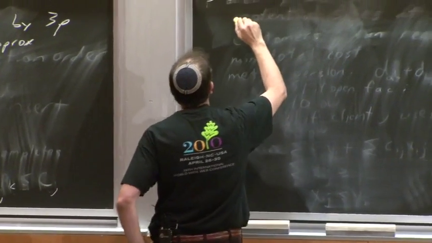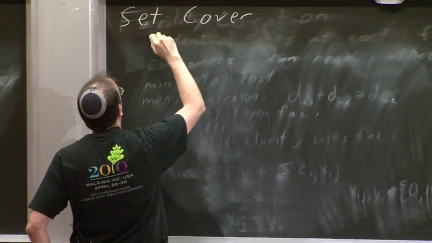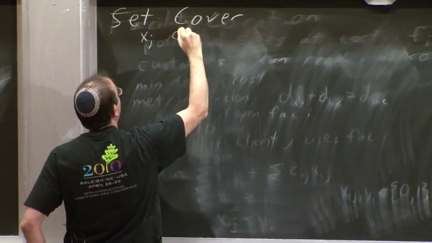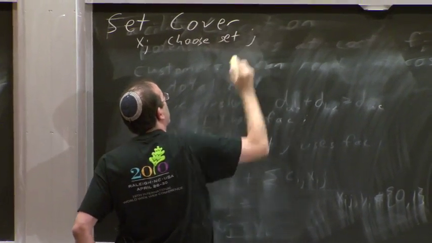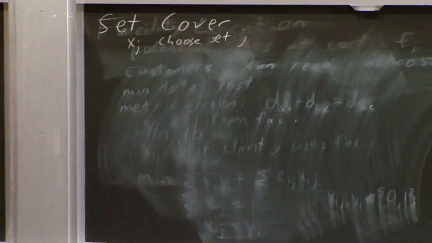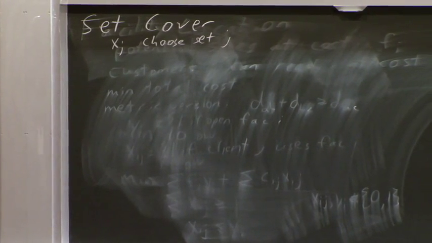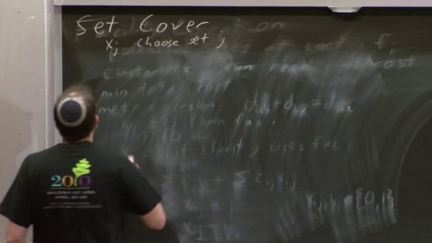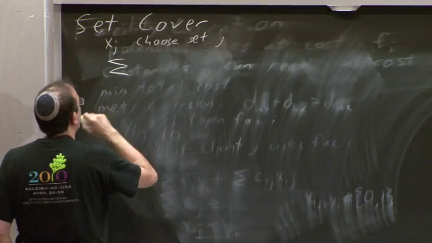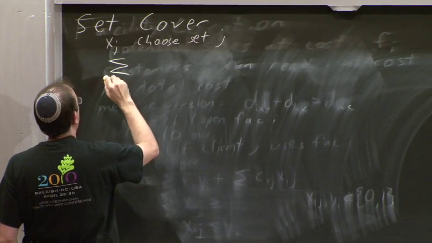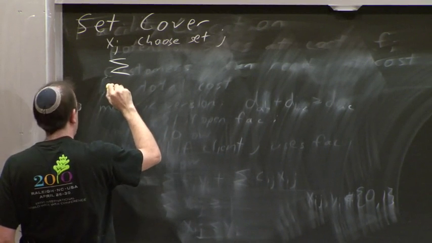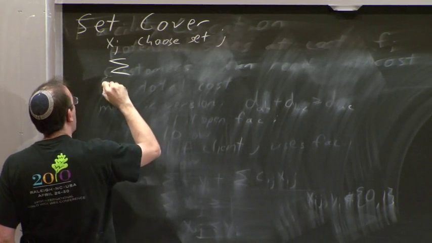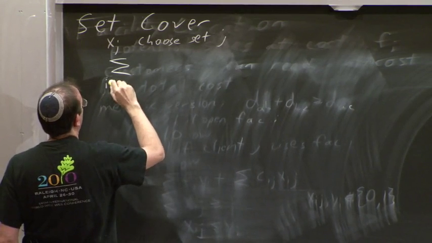Well, we're going to have variables xj if you choose set j. So this will be 0 or 1, right? And now we're going to have constraints.